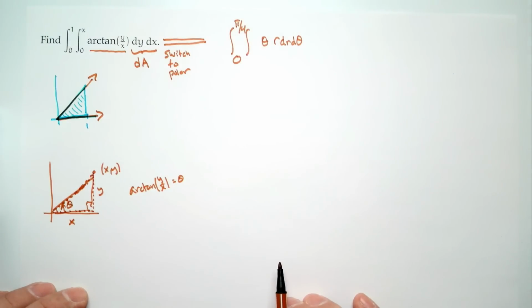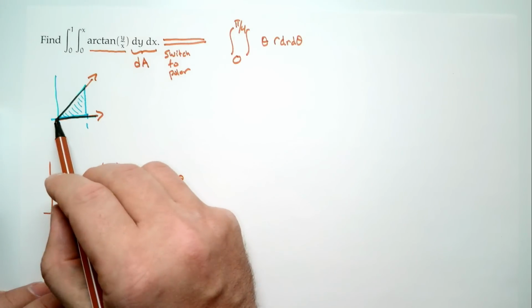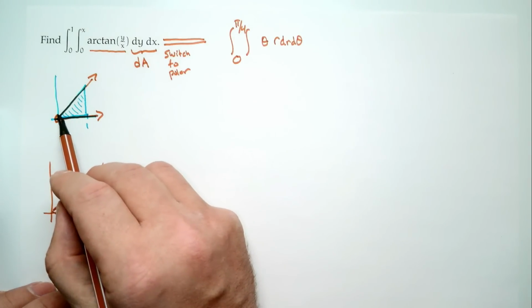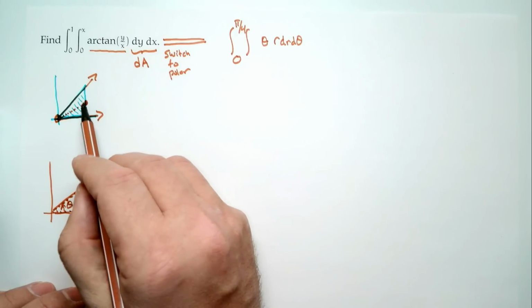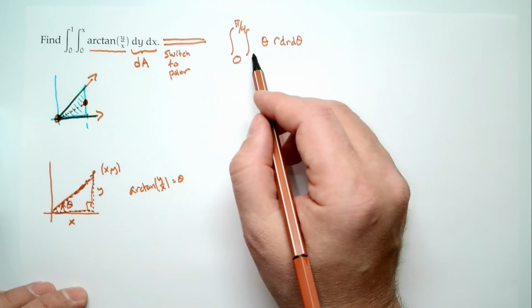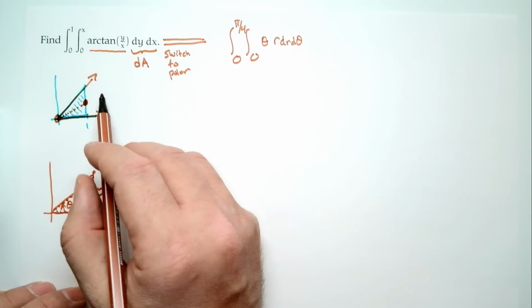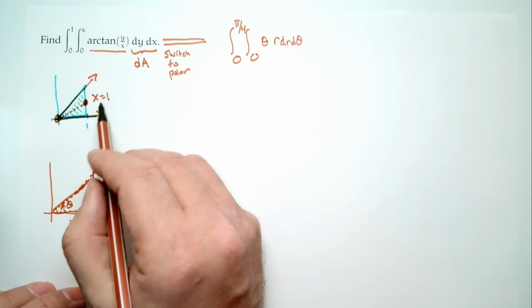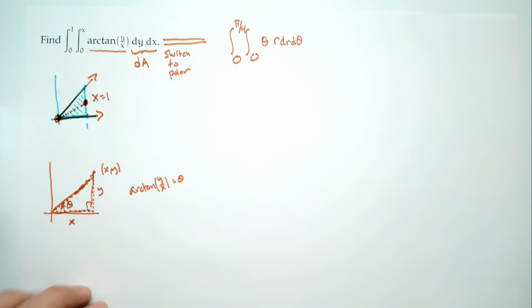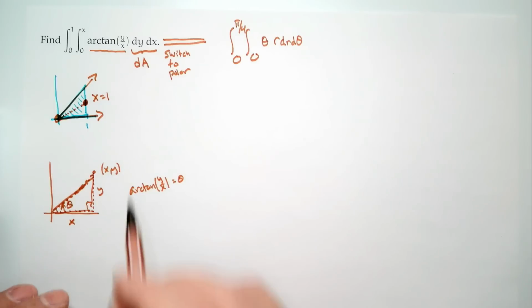Now I have to think about r. Well, we start from the center, which is the origin, and we go out until we hit this curve. So we start at 0, and then we go out till we hit x equals 1. Now there's a problem with x equals 1. It's x, that's Cartesian. We've got to switch to polar. So what can we do for x? r cosine theta.